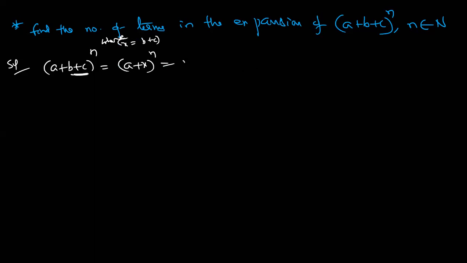I'm writing nC0 a power n plus nC1 a power n minus 1 into x power 1, nC2 a power n minus 2 into x square. Now replace the x by b + c. How much is coming? See carefully.